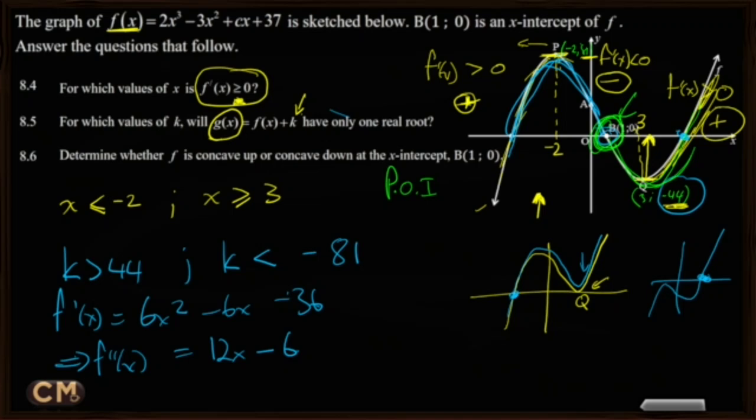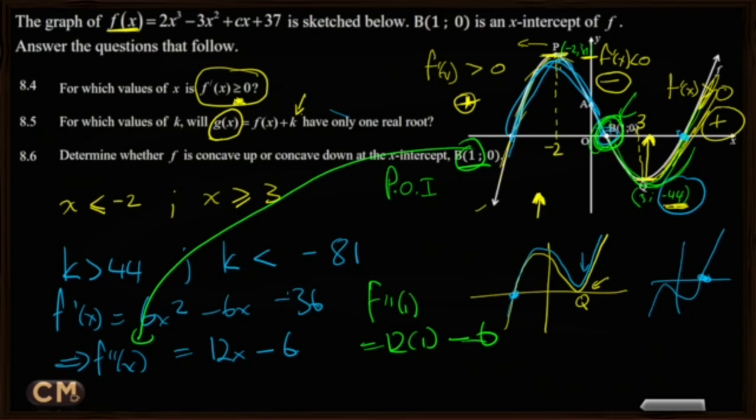That is not what they are asking us today. Today they want to know what kind of concavity we have over there, which means we need f double prime of 1, and that is equal to 12 times 1 minus 6, because we substituted that value of 1 into f double prime of x, and that value is 6, which is greater than 0.